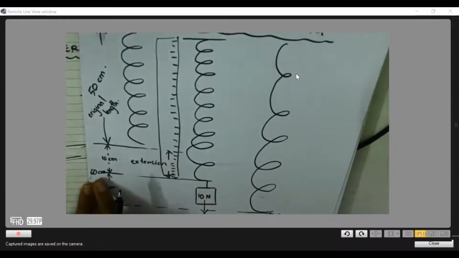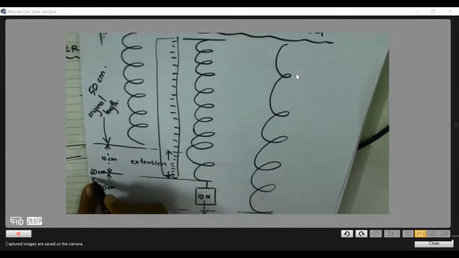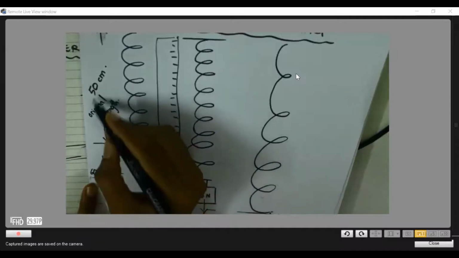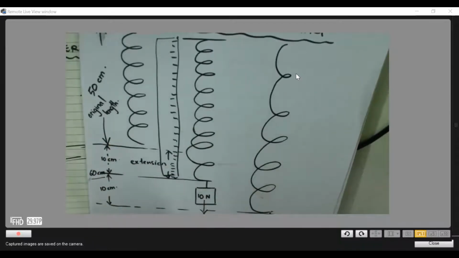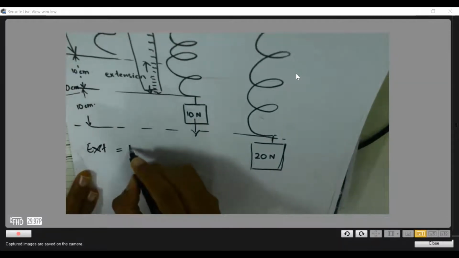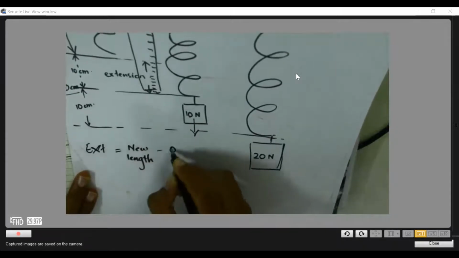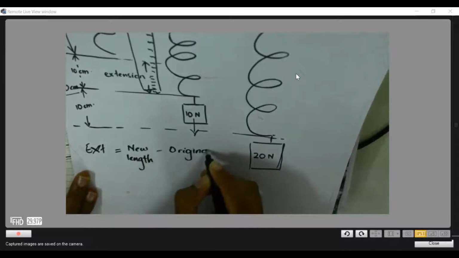So what would be the extension? It would be 10 centimeters, yes, 60 minus 50. So remember, extension is always the new length minus the original length. Always remember this.